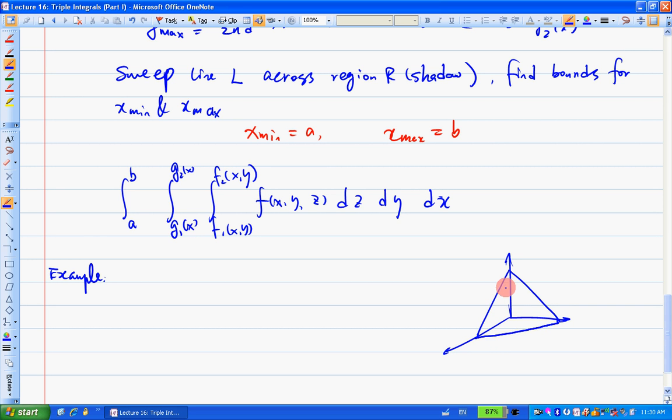We want to calculate the volume of this tetrahedron, bounded by three sides, the xy, yz, and xz planes, and then this plane right here. And here is the point. Here's a plane here.